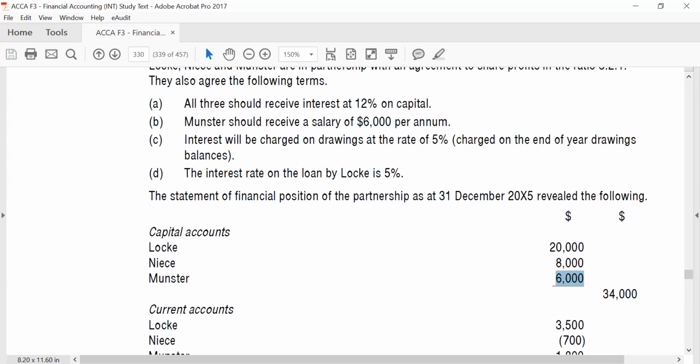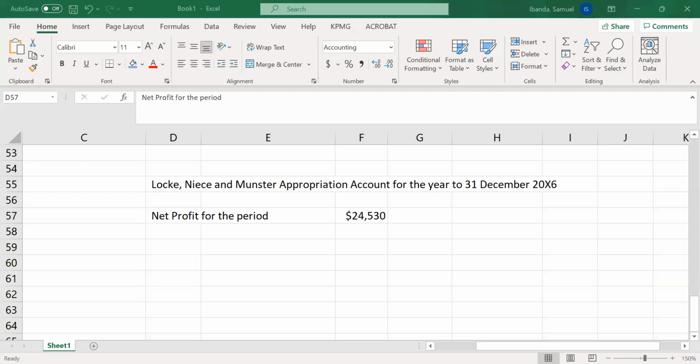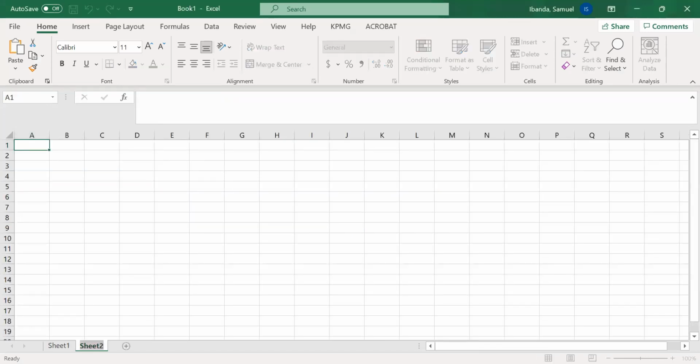So that is what I'm going to do. I'm going to now do my interest on capital, so my interest payable. You can calculate this aside, okay? You can have a working.